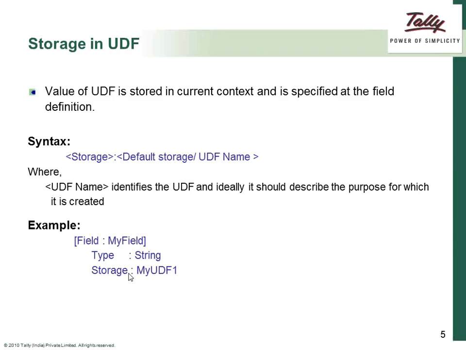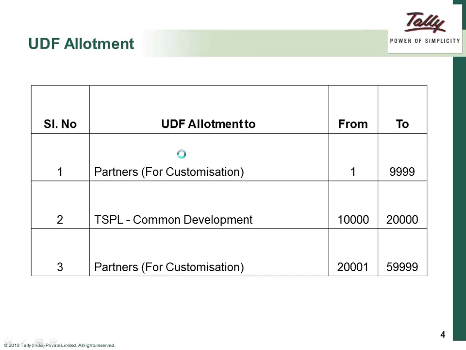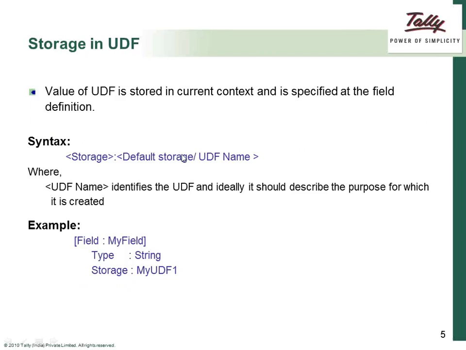In that field, I provide a storage, and that's it. My data gets connected to that particular object and the value is saved. Please remember the field data type and the UDF data type have to be the same.